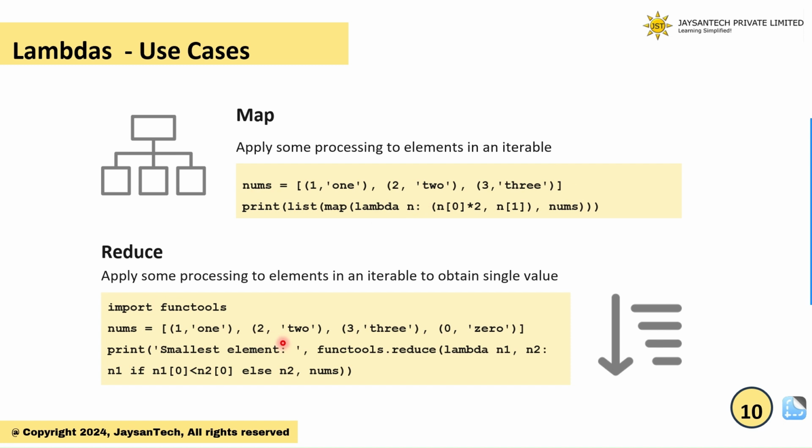In reduce, the function takes subsequent elements, so you need to specify two arguments, and whatever you want to do inside the lambda function, you do it, and that is specified using the lambda function.